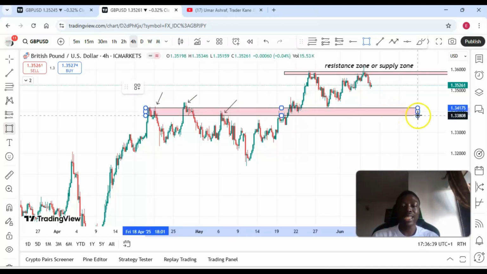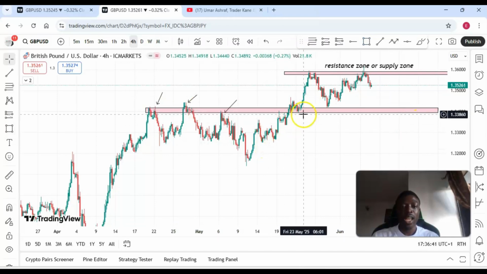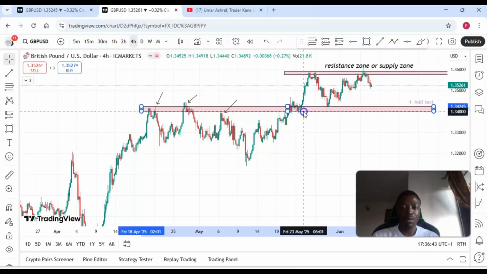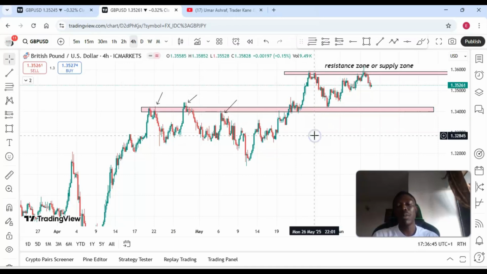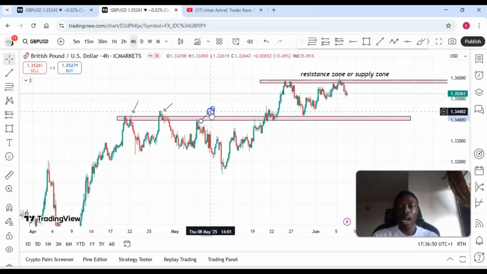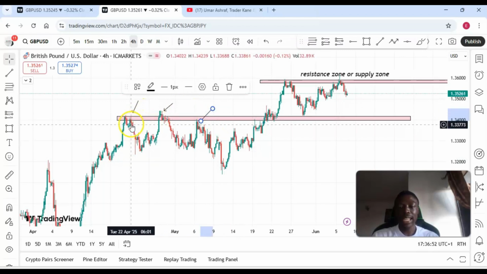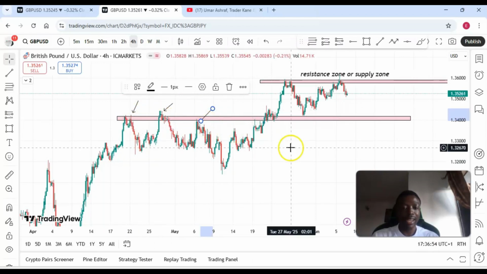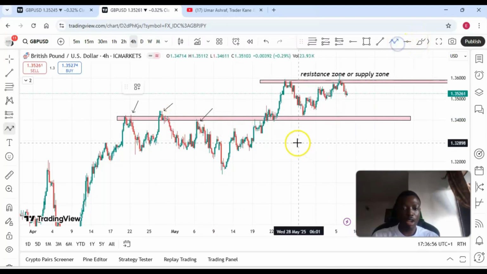Now, what do I mean by a resistance becoming a support? If price breaks above your resistance level, it automatically becomes a support level. I'll explain that. You can see that the market has reacted here first, second, third, and we have also another reaction here.